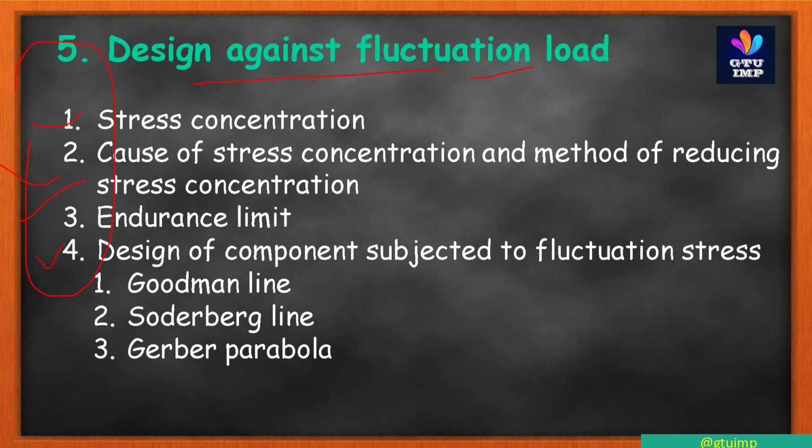Fourth is the design of components subject to fluctuating stress. In this question, 3 items are also given: Goodman line, second is Soderberg line, and third is Gerber parabola. These are the most important questions in chapter 5.